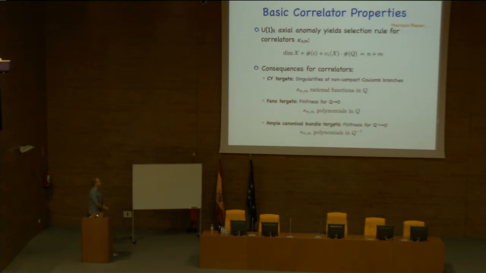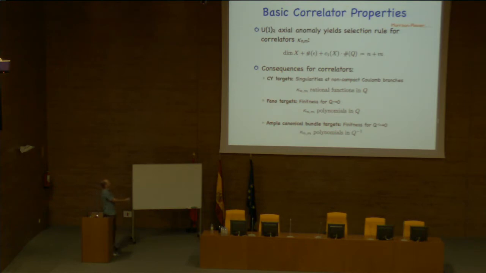Let me point out one very basic property of these correlators that we're computing, namely that there is a certain selection rule involved. This comes from the U(1)_R axial anomaly, which is typically present in these models.